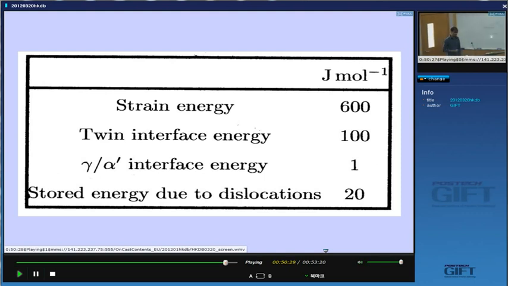So 1 minus the volume fraction of martensite is equal to exponential minus 0.011 into MS minus T.